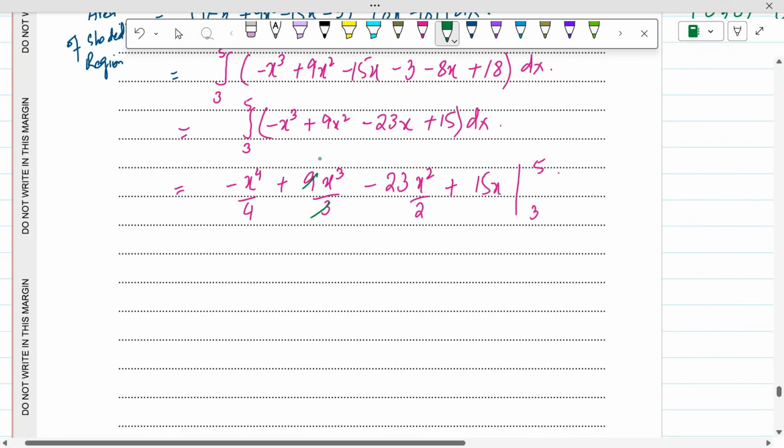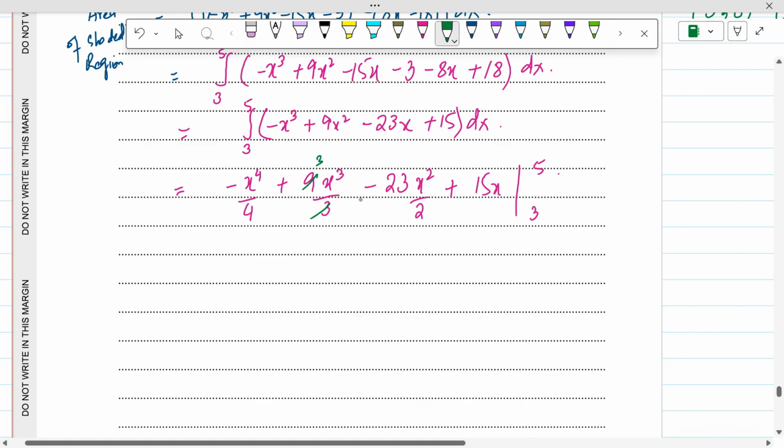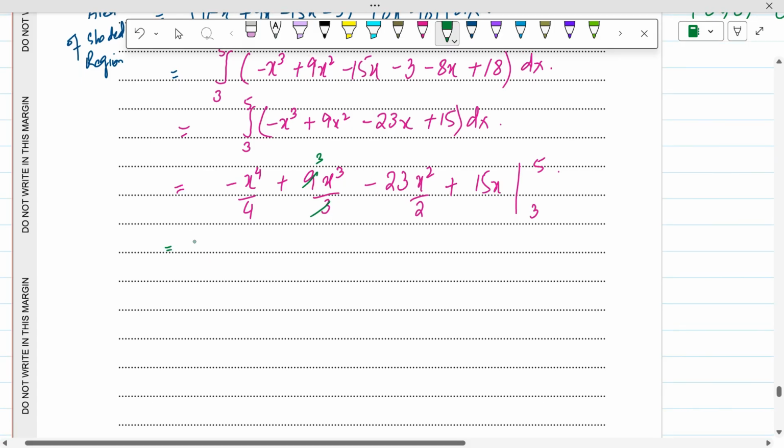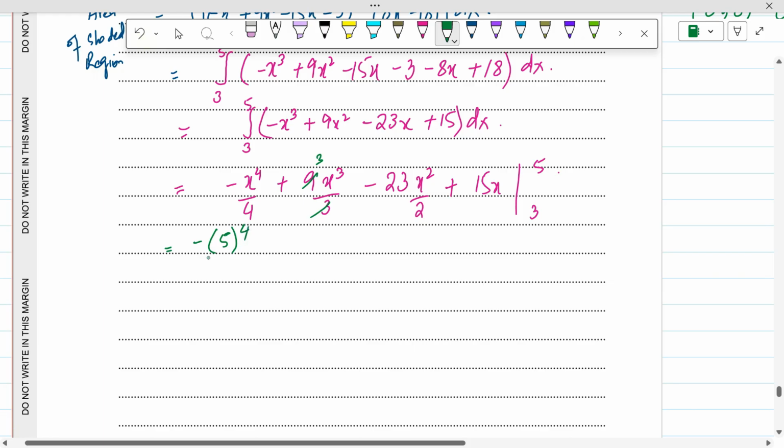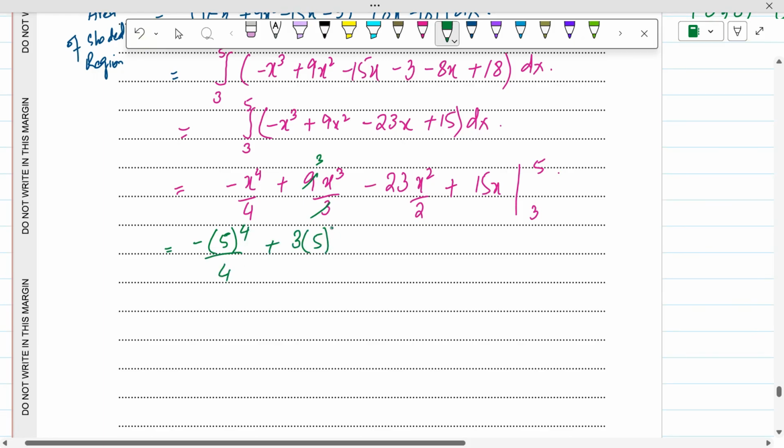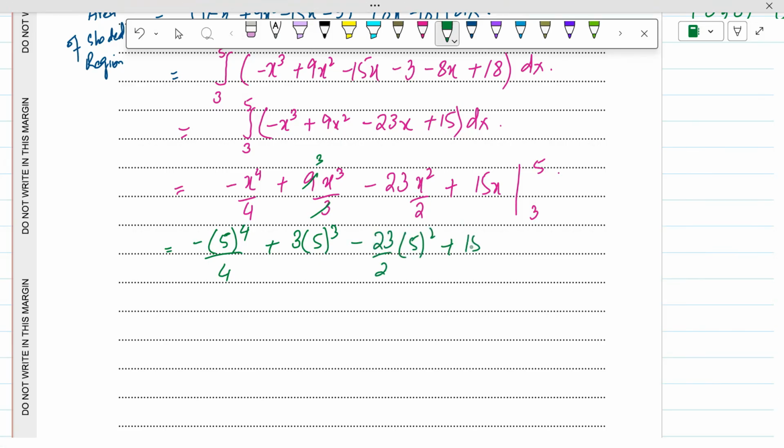This one will be 3. Now apply the upper limit first. So we will have minus 5 to the power of 4 over 4 plus 3 times x cube, meaning 5 cube, minus 23 over 2 x square, meaning 5 square, plus 15x, meaning 15 times 5.